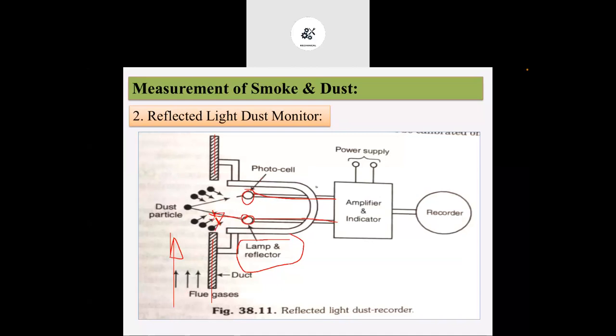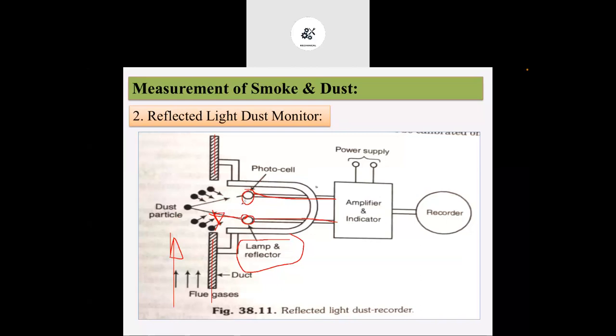Now what will happen when flue gases are passing through this tube? At the same time, this lamp and reflector will emit the radiation, the light. This radiation will be incident on the dust particles and reflected back by them, and this reflected radiation will be measured by the photocell.